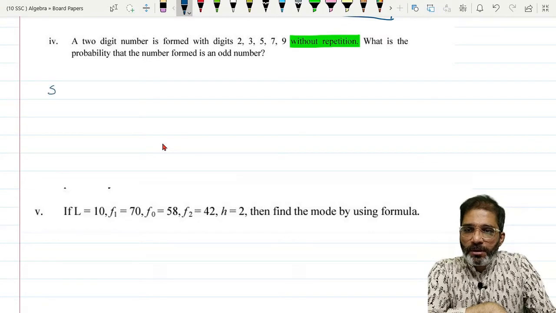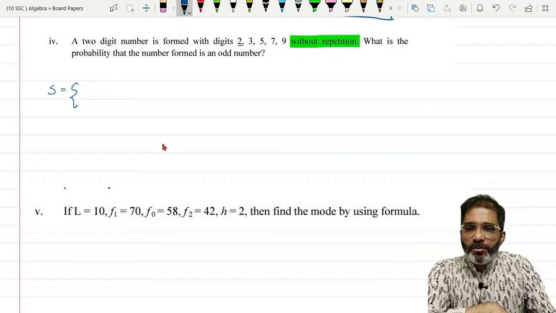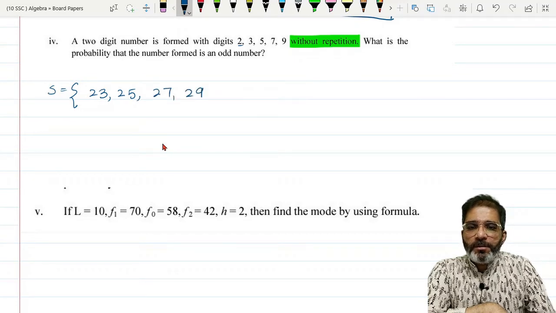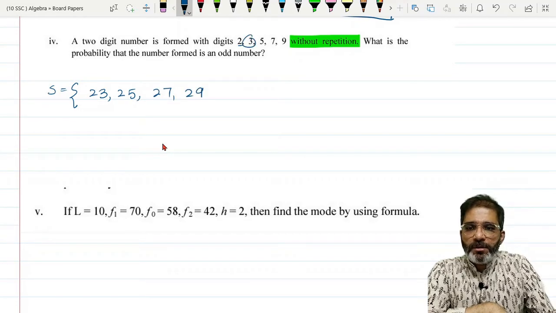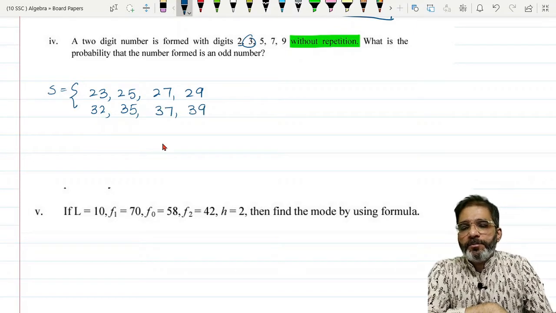The sample space is going to be, first we will start from 2, repetition is not allowed, so it will be 23, 25, 27, 29. Then we'll start with 3: 32, repetition is not allowed, so 33 we cannot take, 35, 37, 39.